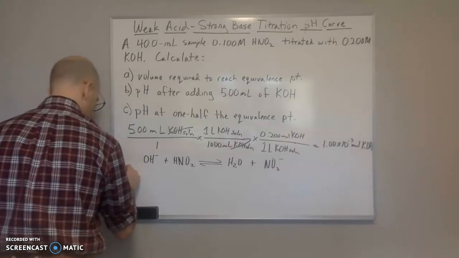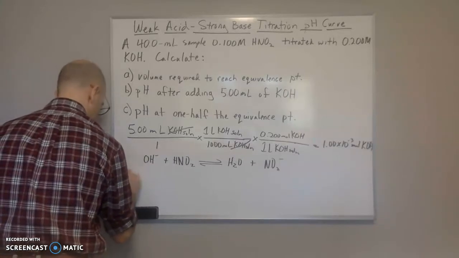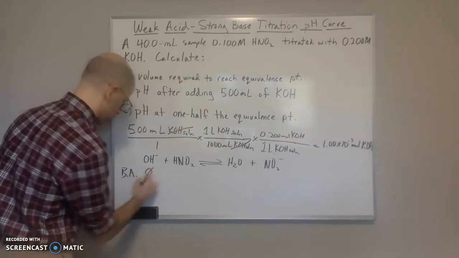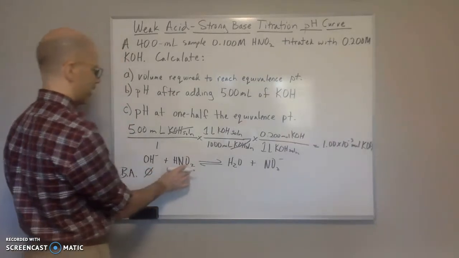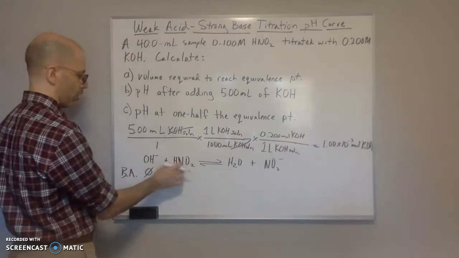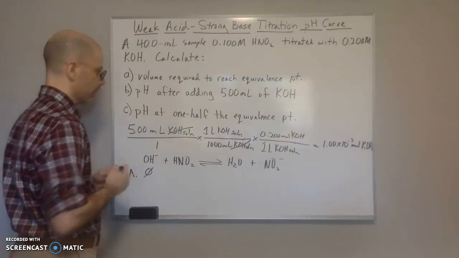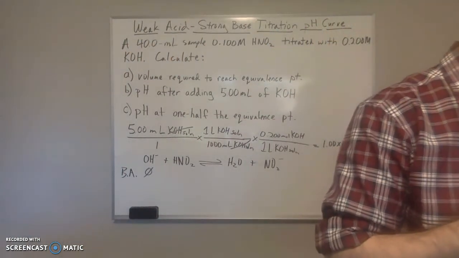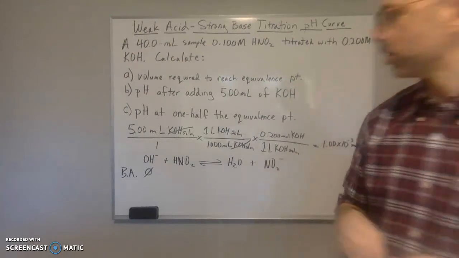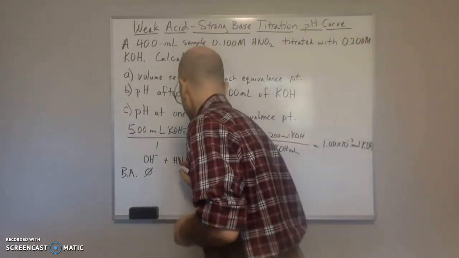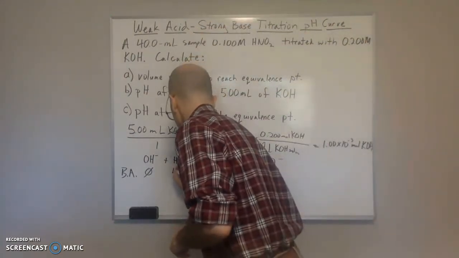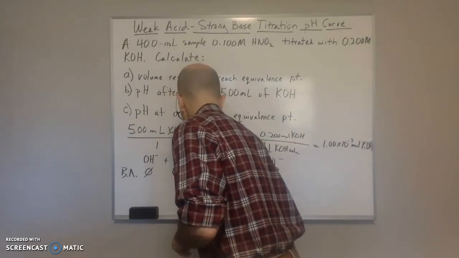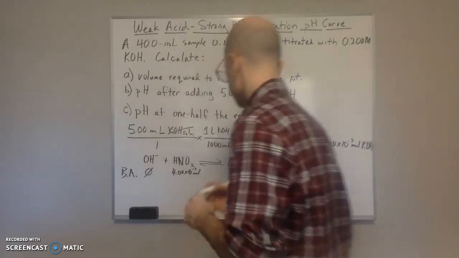And so what we need to do now is our addition or stoichiometry table. Before adding the base, we had 0 base, and for HNO2, what did we calculate that to be? In part A we calculated this to be 4.00 times 10 to the negative 3 moles.